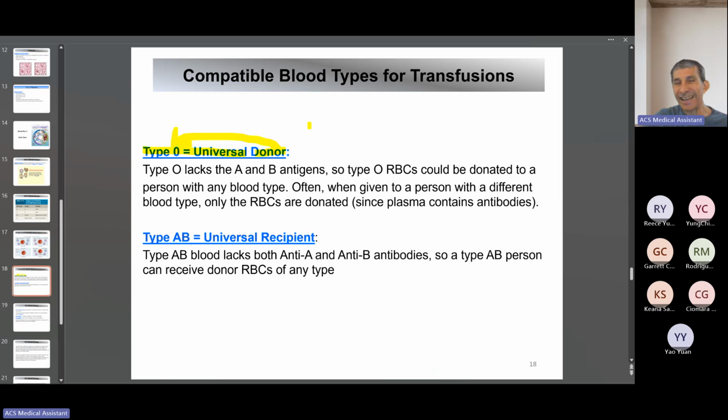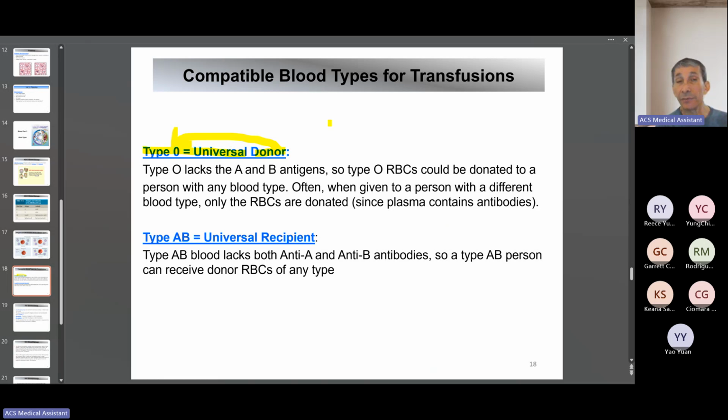Donor. It has an O within. So that's how I know it. Universal donor. So they're going to ask you which of the following blood types is considered the universal donor. So this is the type of blood that it can give to any one of the types.